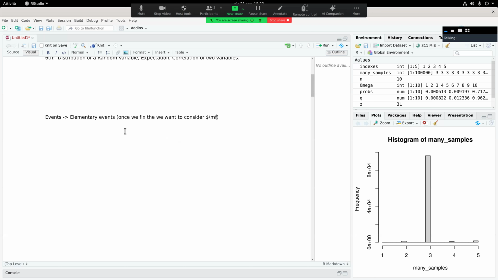introduced the sample space. We have used elementary events to define the sample space, and now we have a model that we can use to model events in the context of set theory.